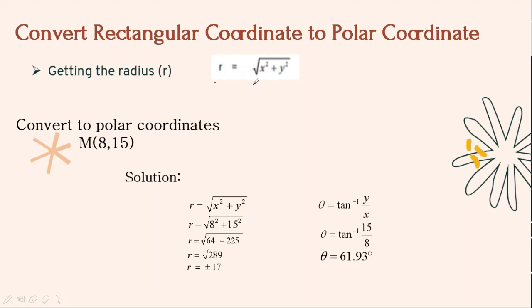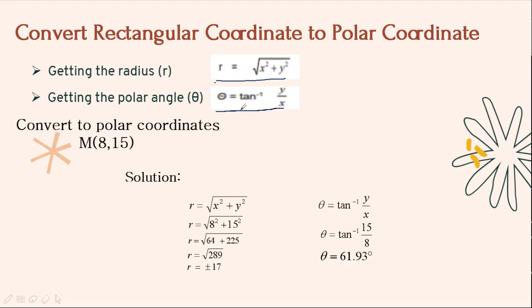In getting the radius, we have r equals the square root of x squared plus y squared, while the polar angle, or the angle measure theta, equals the inverse tangent of y over x. So teacher, how can we find this one?